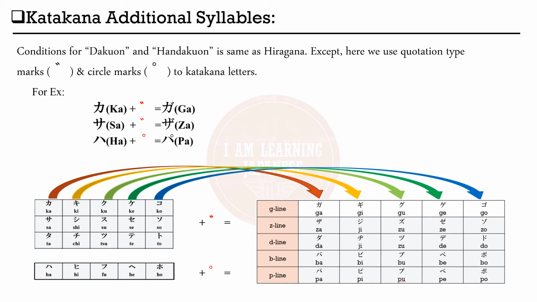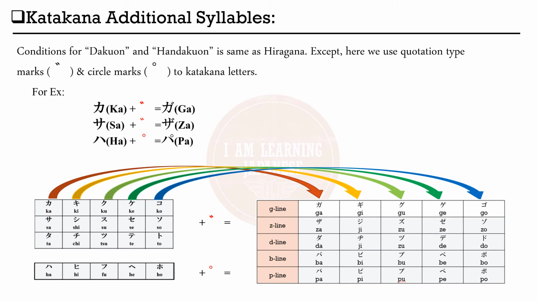When the letter ka is written with a quotation mark at the top right corner, you have to pronounce it as ga instead of ka. If there is no quotation type marking, you pronounce it as ka. If there is a quotation type marking, you pronounce it as ga.